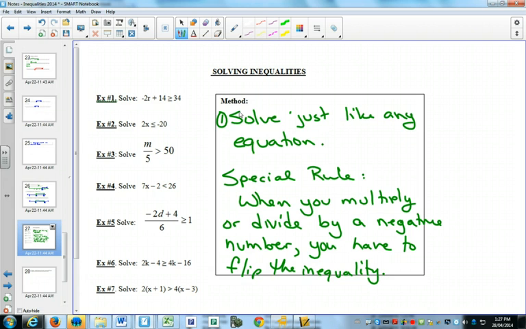So we solve everything like we solved before, except whenever you multiply or divide, not add or subtract. Adding and subtracting doesn't matter, but when you multiply or divide by a negative number, you're going to have to flip the inequality.